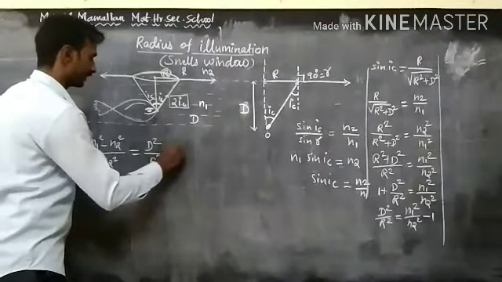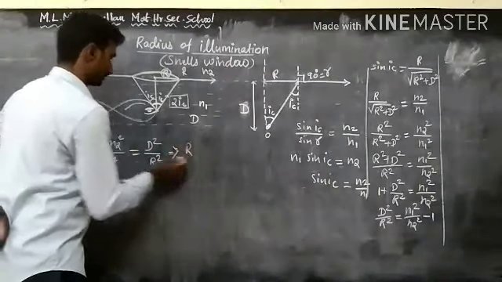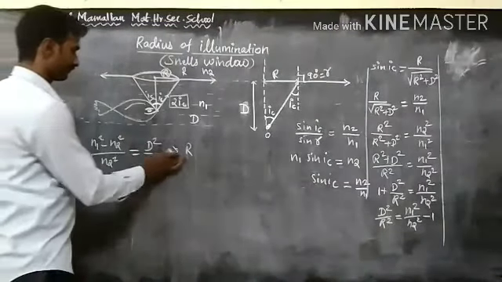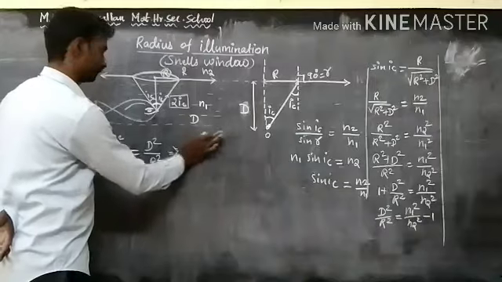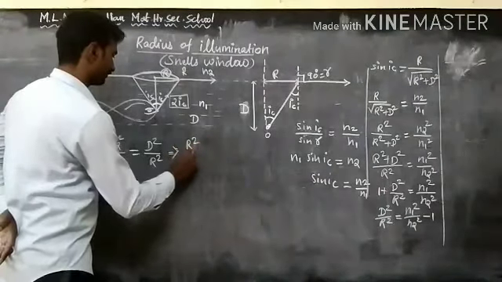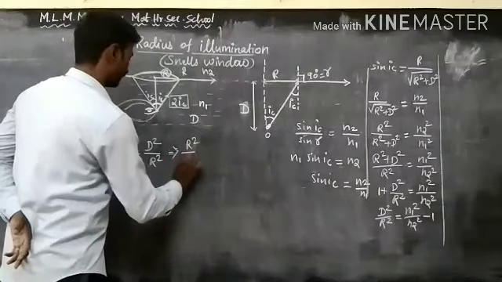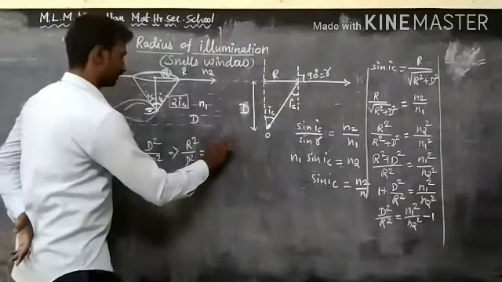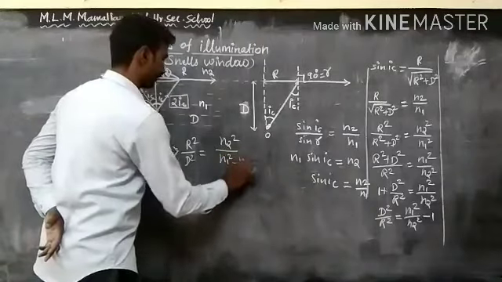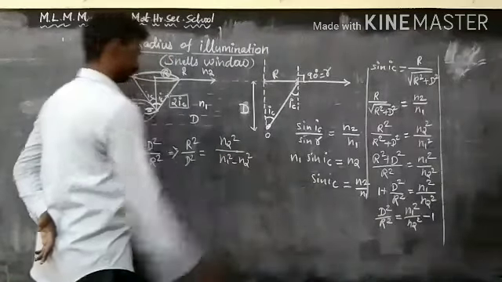Look here, taking the LCM for this equation. From this equation, we get R square, taking the reciprocal once again: R square divided by D square is equal to N2 square by N1 square minus N2 square.